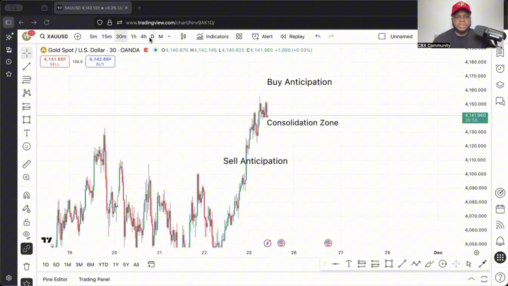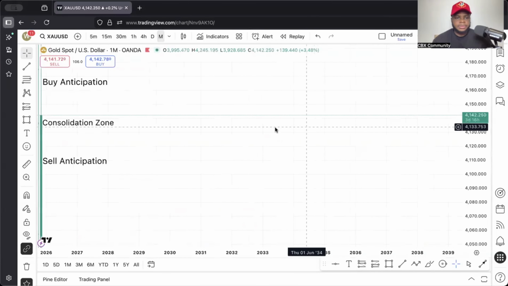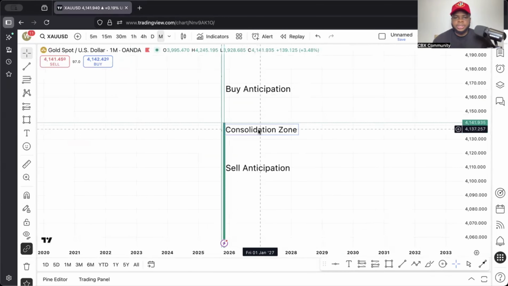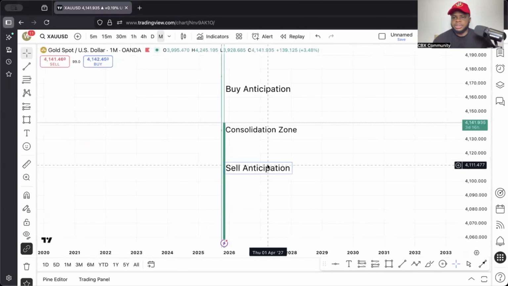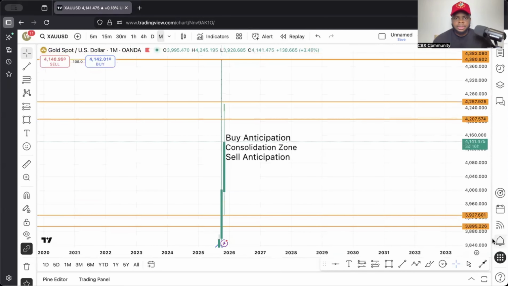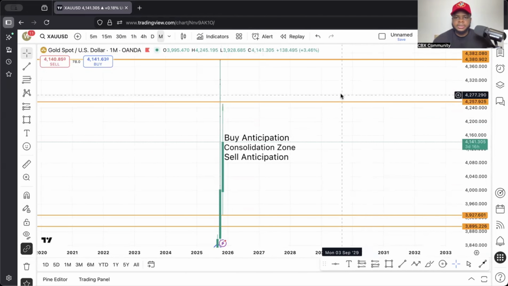So let's go to the month time frame. Let's ignore this buy anticipation, consolidation, and sell because we are going to use them. So let's delete this line.